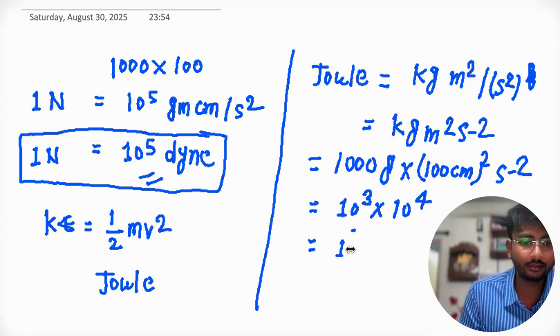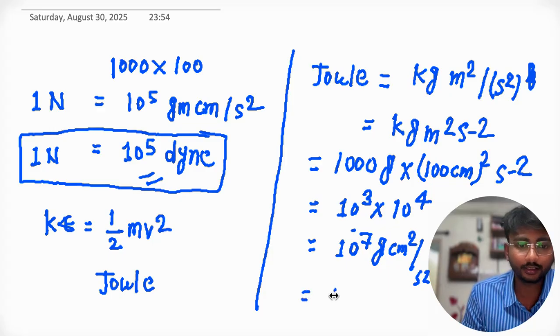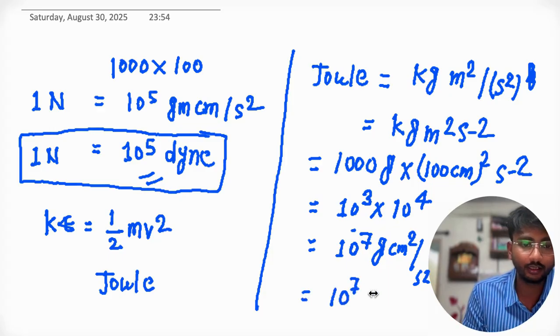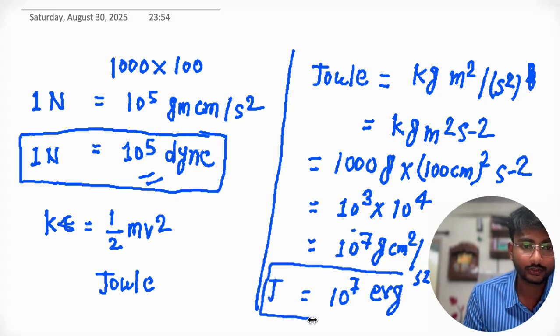So it becomes 10 to the power 7 gram centimeter square per second square, right? So this is called what? 10 to the power 7 erg. So we can say that 1 joule equals 10 to the power 7 erg.